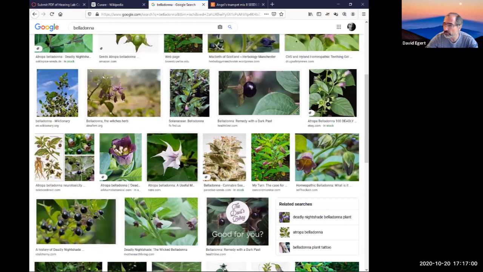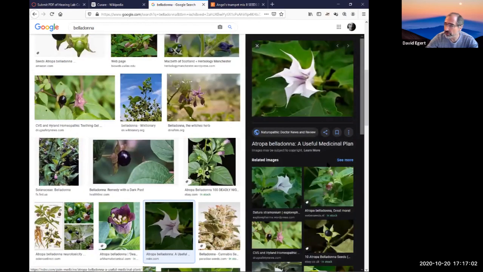So Atropa belladonna. Belladonna means beautiful woman. It was because they used the belladonna alkaloids, which are anticholinergic, as little eye drops to dilate the pupils. And that was considered beautiful.